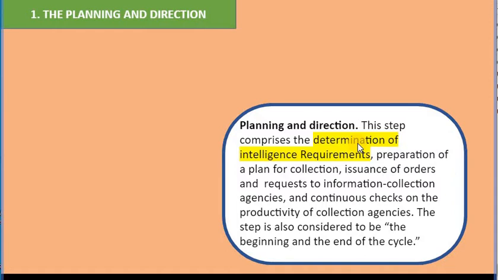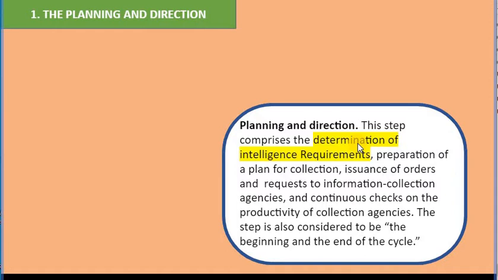Among the intelligence cycle, this is the most important: planning and direction. Why? Because it is the beginning and also the end of the cycle. This is where we start. There is no successful intelligence without planning.